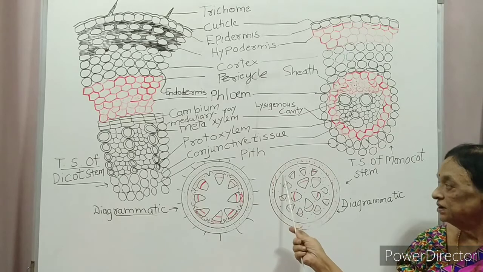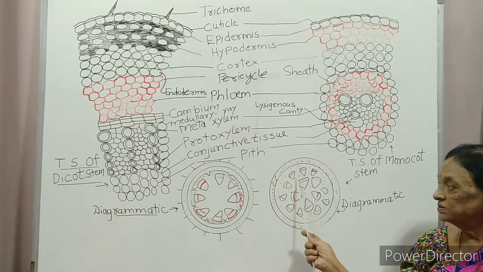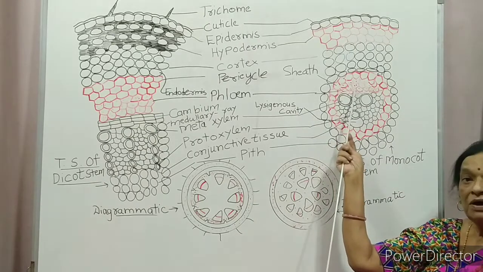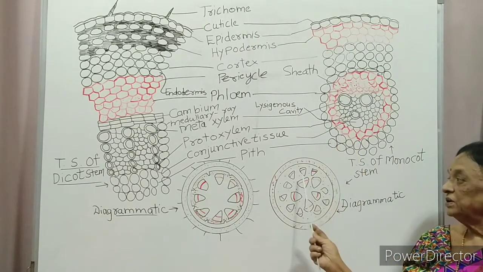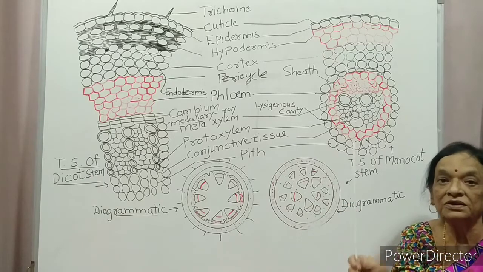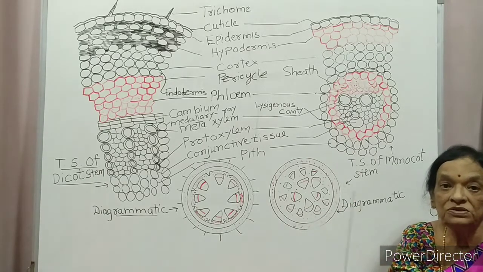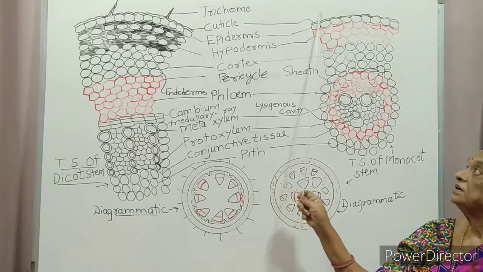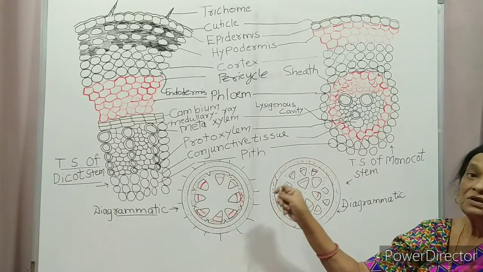Again we have magnified only one vascular bundle. So what is this? A part magnified from the complete TS. Now what is the similarity between the two stems? Both stems have a cuticle. Can you see the cuticle?